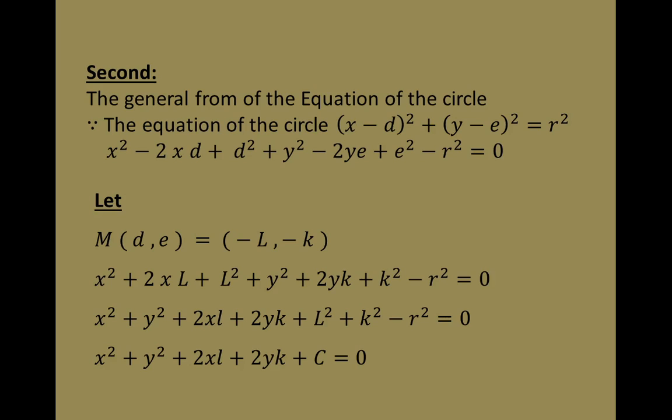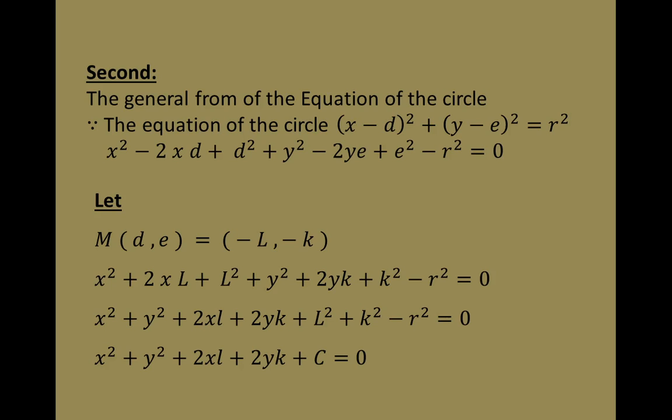I'll expand each bracket. x squared plus d squared, and the middle term is the first multiplied by the second multiplied by 2, equals negative 2xd, plus the second bracket (y minus e) all squared can be expanded in the form y squared minus 2ye plus e squared. Then I'll transfer r squared from the right hand side to the left hand side, written as negative r squared equals 0.